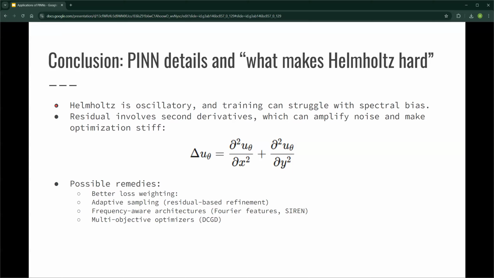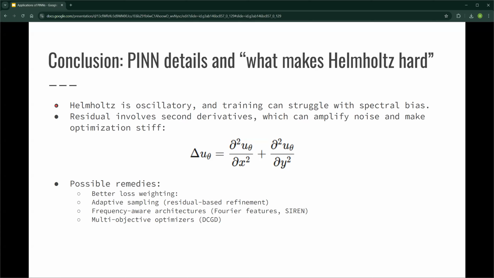It's a very big problem in PINNs. Second, derivatives in the residual amplify approximation errors, which can make the optimization very stiff. Normalization, careful sampling, and multi-objective optimization can improve training behavior for this PDE.